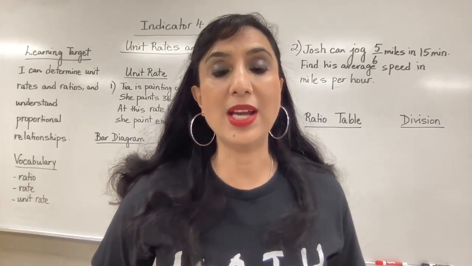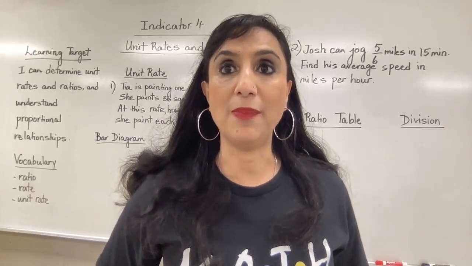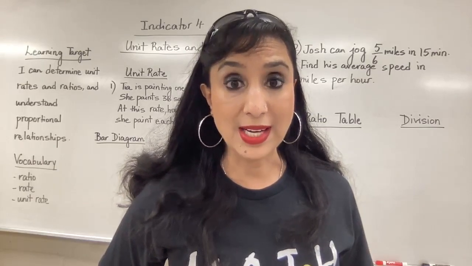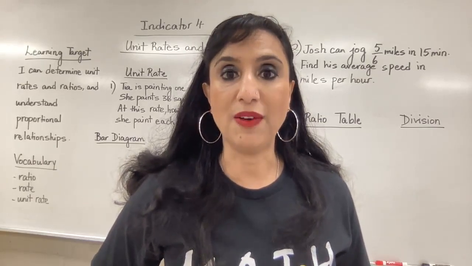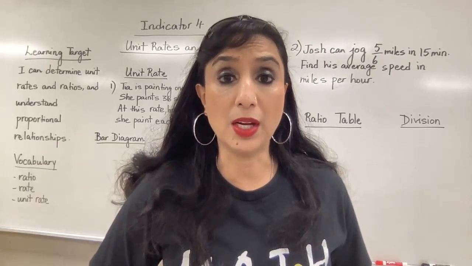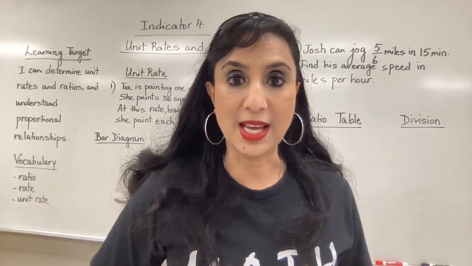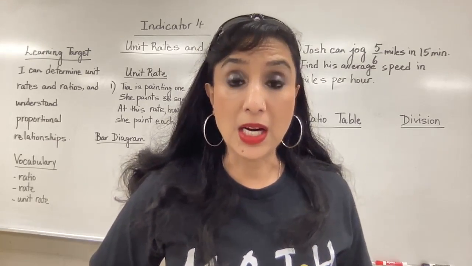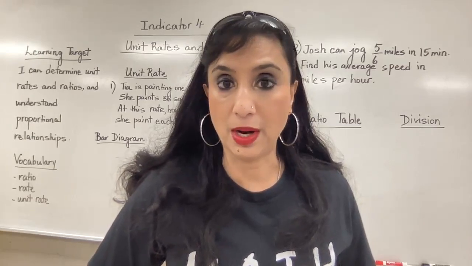And the unit rate is where my denominator is 1. So it is a rate over 1, so per unit. So if I say the cost of paper towels is $2.50 per packet of your paper towel roll.